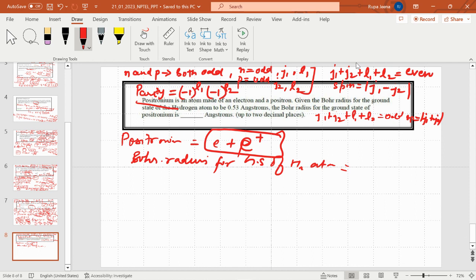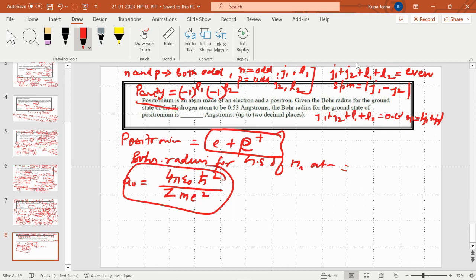So here you can see the value for it is 4 pi epsilon naught h cross square upon z m e square. This is the case for hydrogen, because in hydrogen you know very well that there is electron and there is proton.